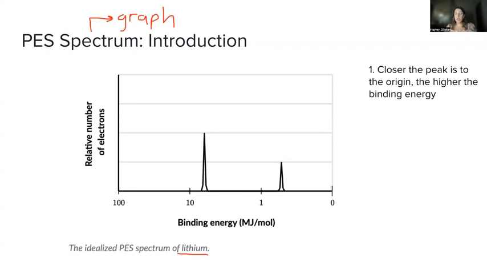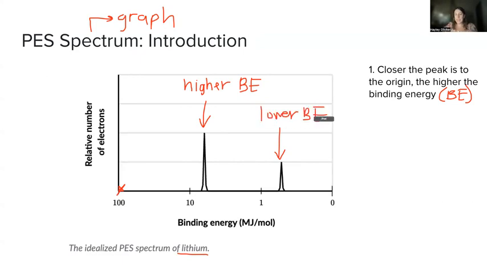The peak closest to the origin is going to be the highest binding energy. We notice there are 2 peaks. Our peak to the left has a higher binding energy. I'm going to abbreviate binding energy as BE, just to conserve some space. And further away, we have a lower binding energy.